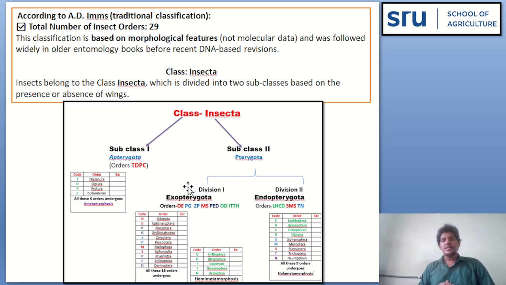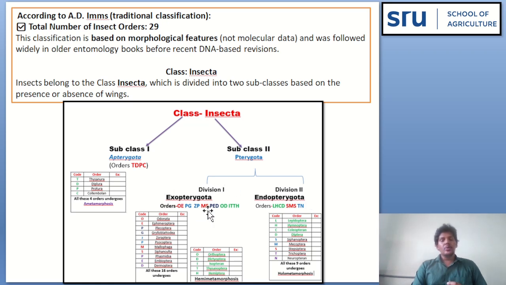Class Insecta is divided into two subclasses, that is Apterygota and Pterygota. Apterygota means these insects do not have wings. In subclass 2, Pterygota, the insects have wings. This subclass is again divided into division 1, Exopterygota, and division 2, Endopterygota.